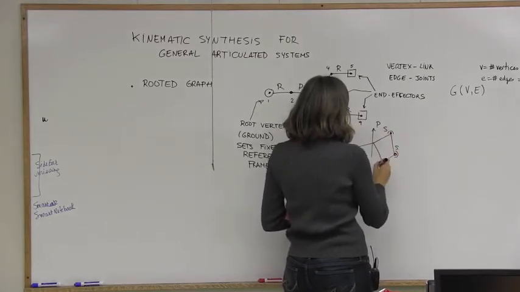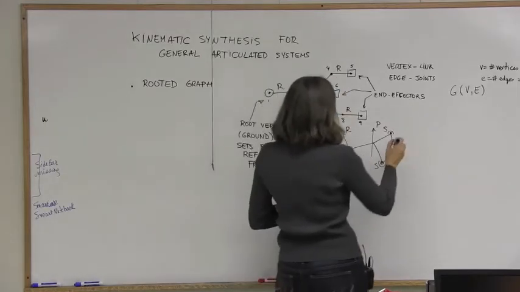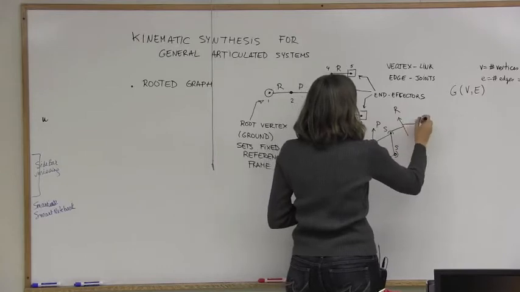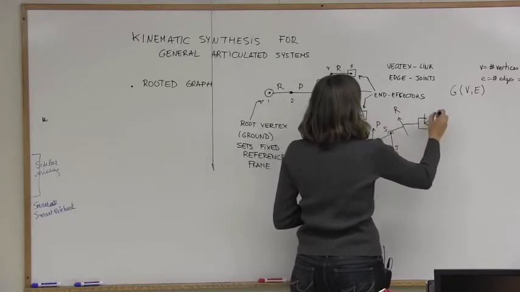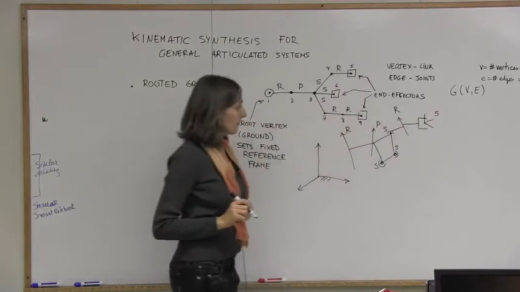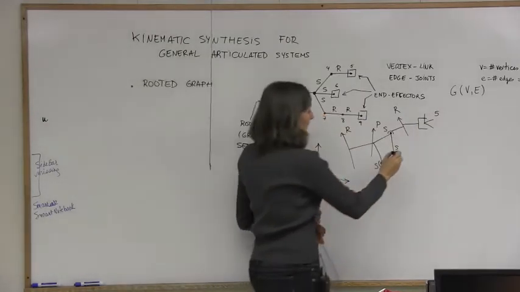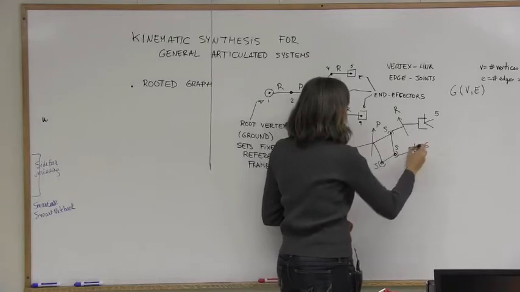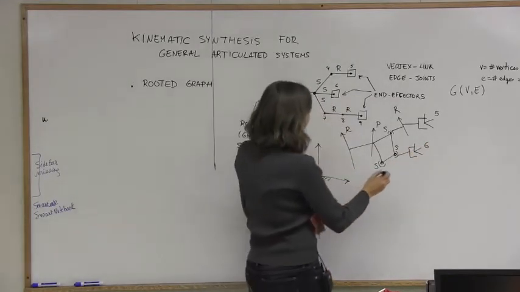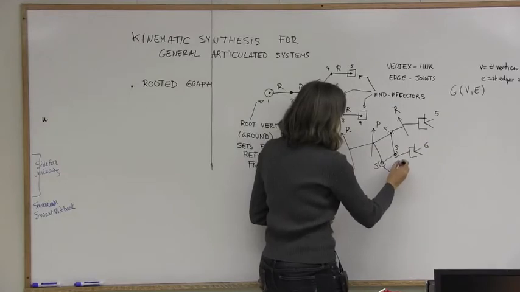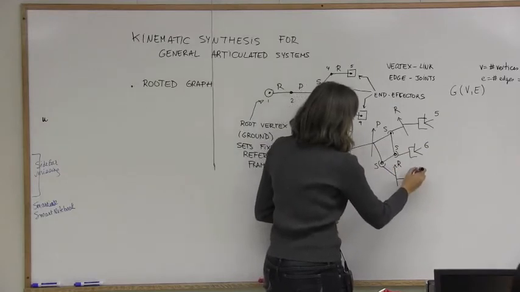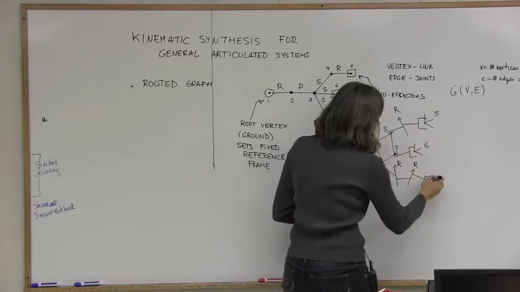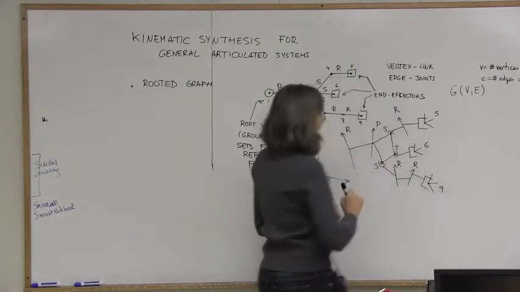Then we have another body, a revolute joint, and here we have an end effector with its reference frame, number 5, and directly the end effector number 6, and here we have one revolute joint, another revolute joint, and the last end effector, which is number 9.